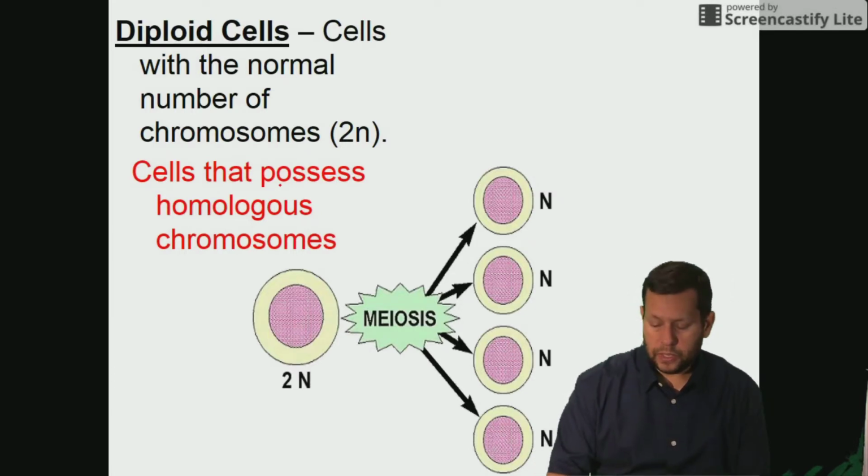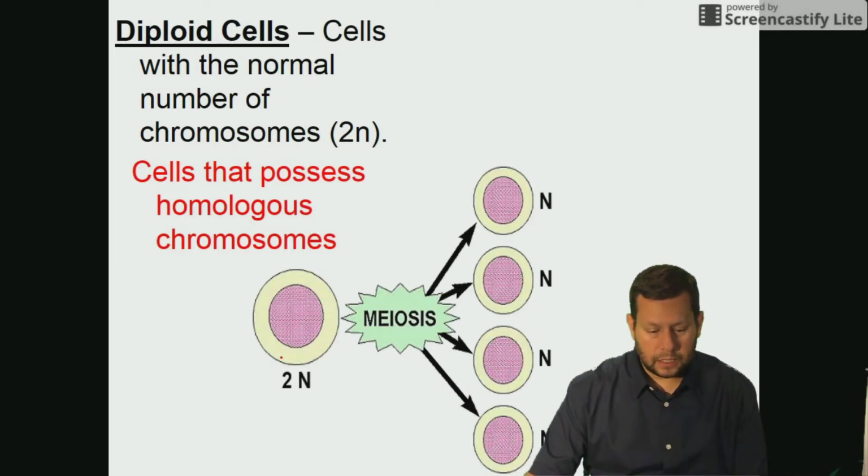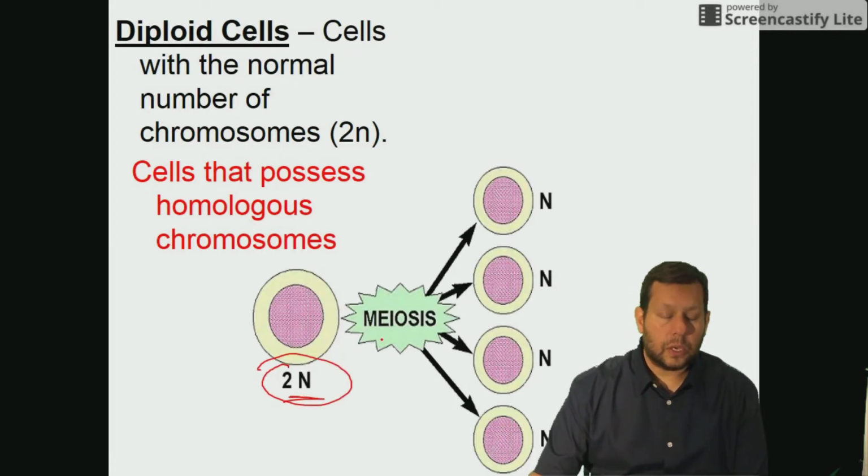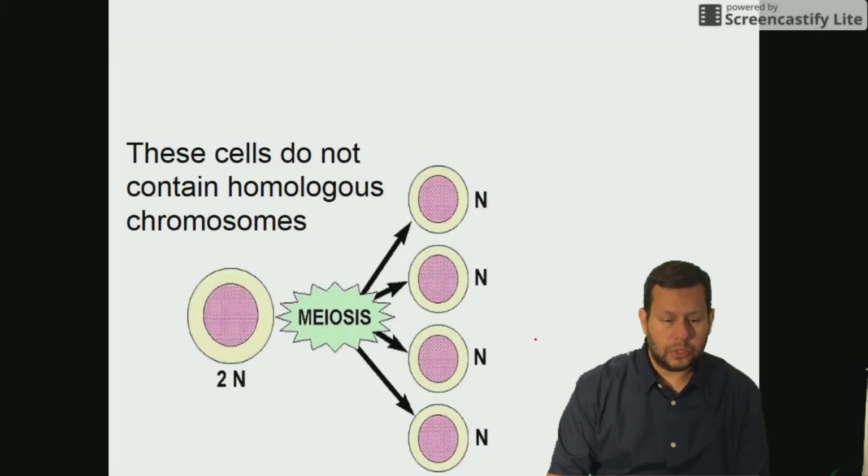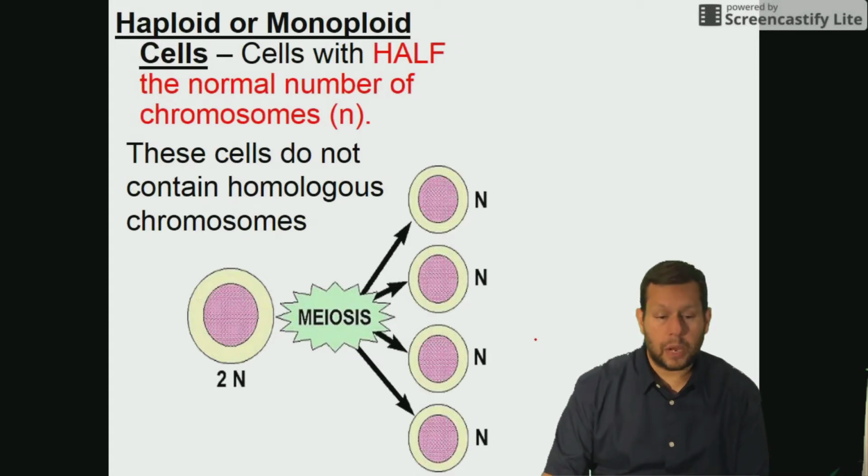We call cells with homologous chromosomes diploid, and we represent a diploid cell with this 2N, which you see down here. The goal of meiosis is to cut that in half, so they would produce 4 cells that are 1N, or we don't write the 1, we just write N. So these would be half the number of chromosomes, and those cells are called haploid or monoploid.